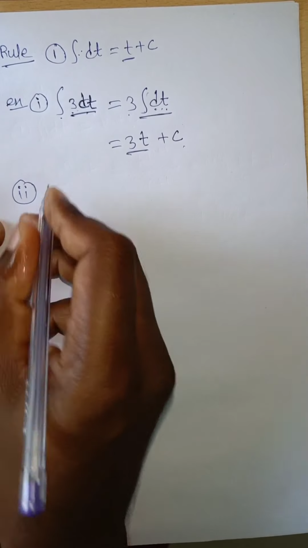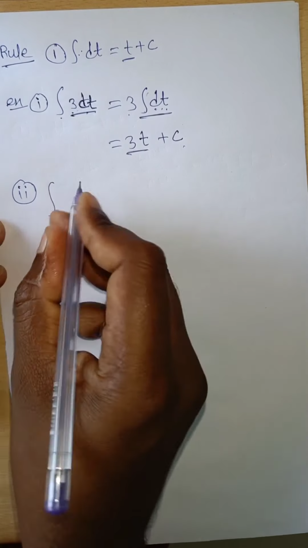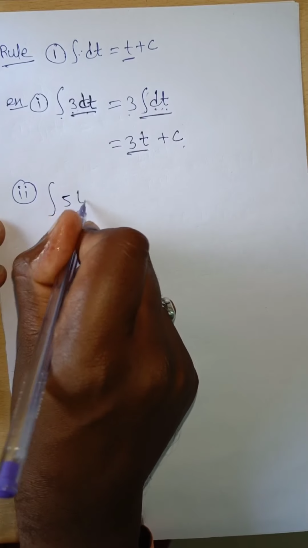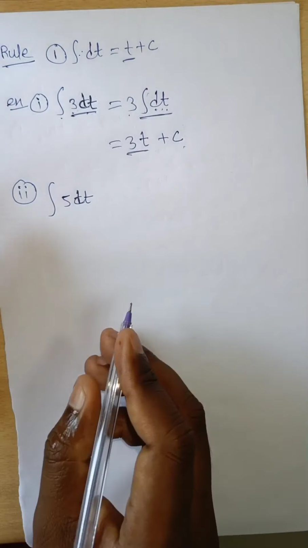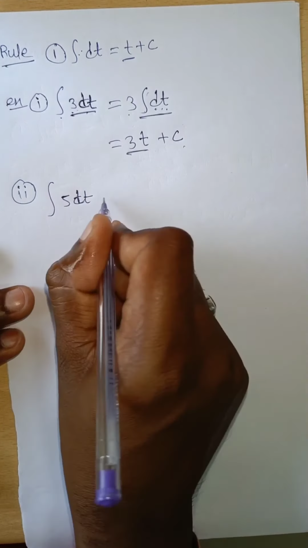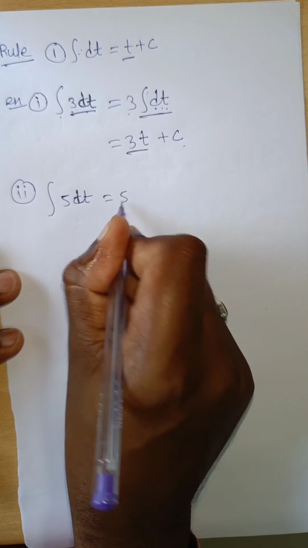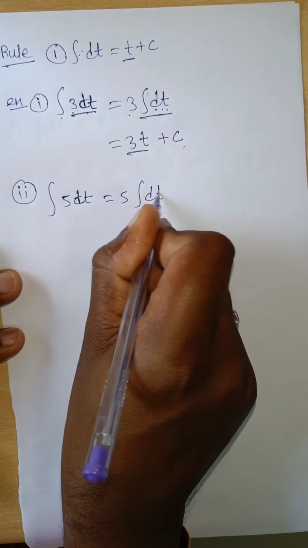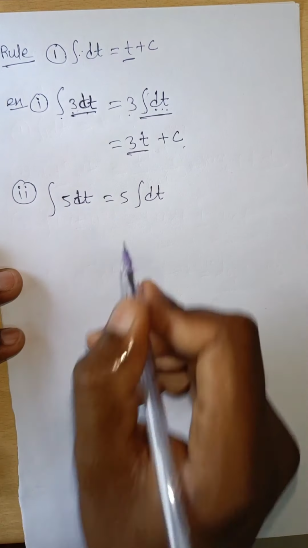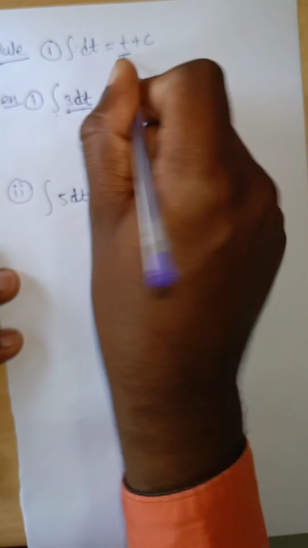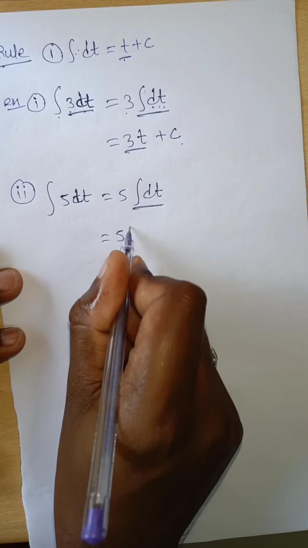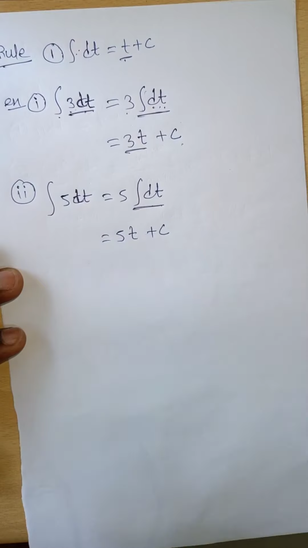Now one more example. Suppose integration of 5 dt. Since 5 is a constant, taking it outside gives 5 into integration of dt. Integration of dt is t, therefore 5t plus c.